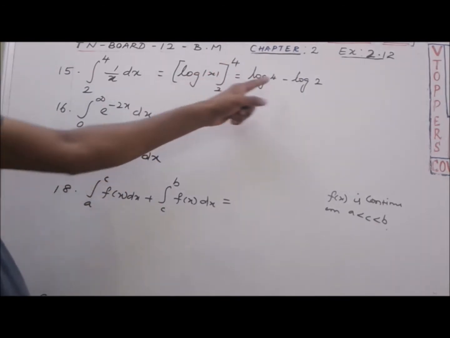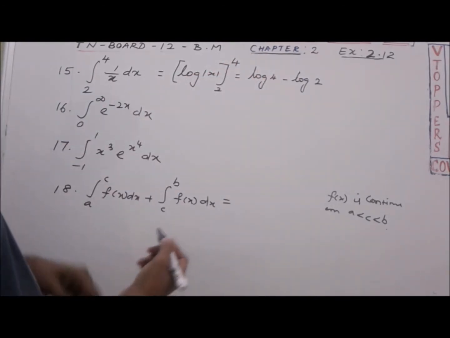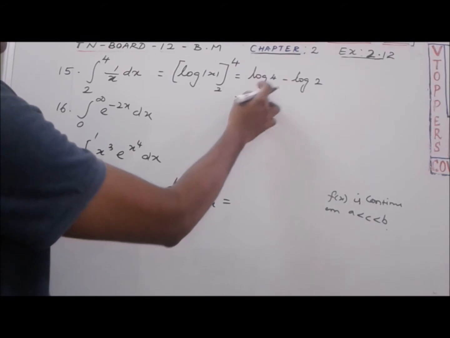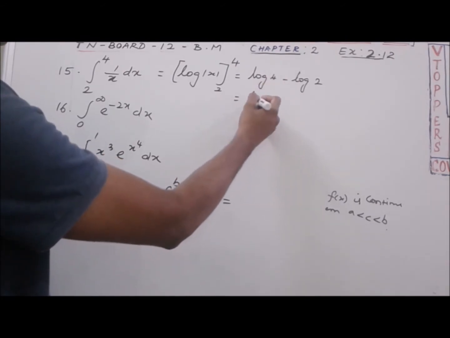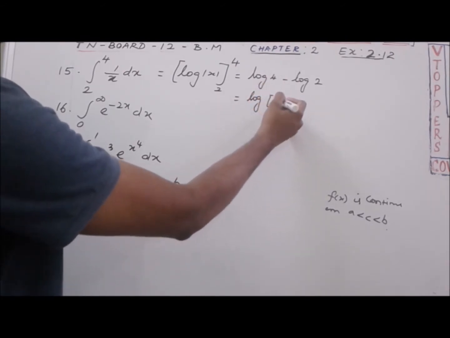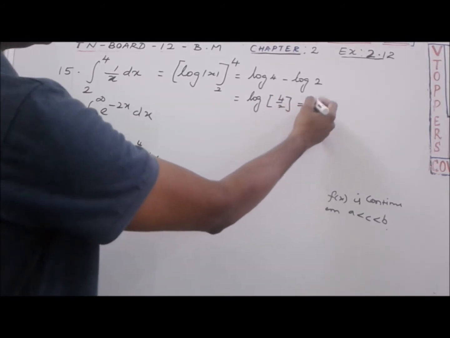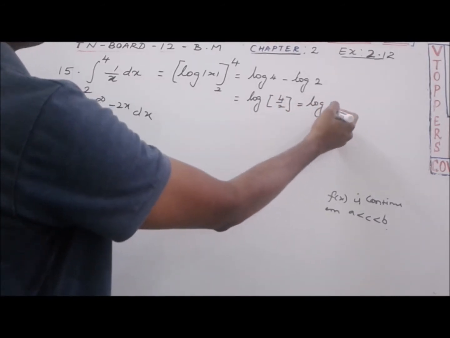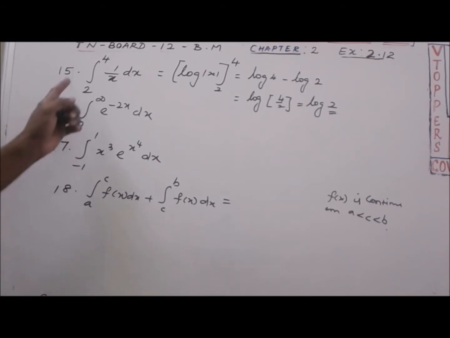Both are positive, so modulus also has the same value. Log a minus log b equal to log of a by b, so log of 4 by 2 equal to log 2. Therefore, the integral 2 to 4 1 by x dx is equal to log 2.